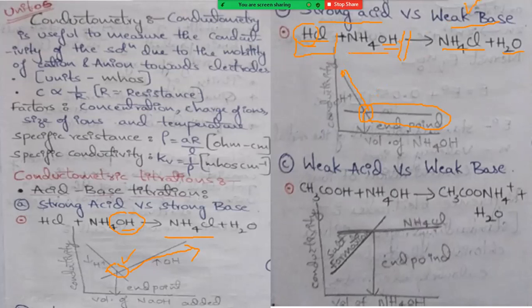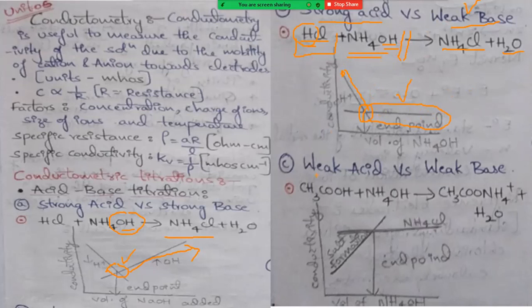A weak base generally has less capability to release OH- ions, very few. So we cannot see any further gradual increase in conductivity here. After the end point, because we are using a weak base, we get the graph as a plateau, right?